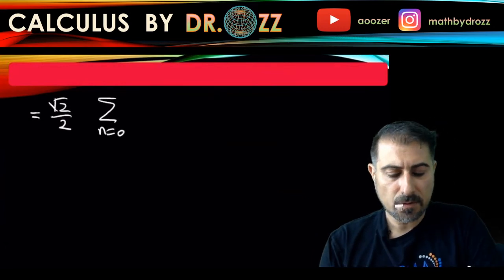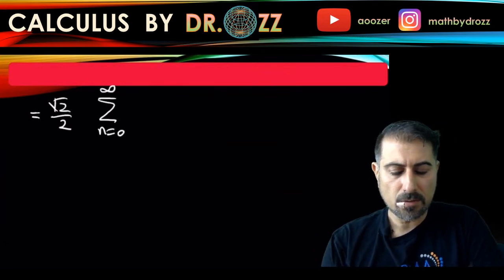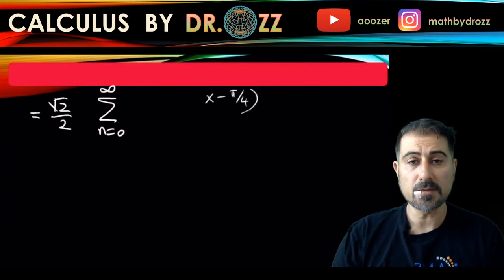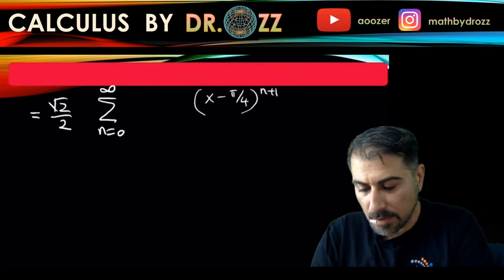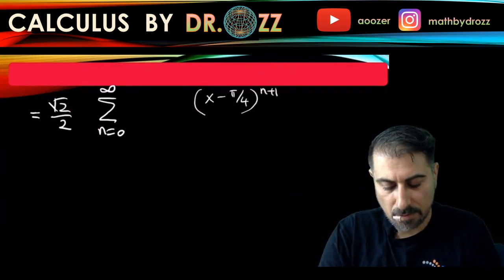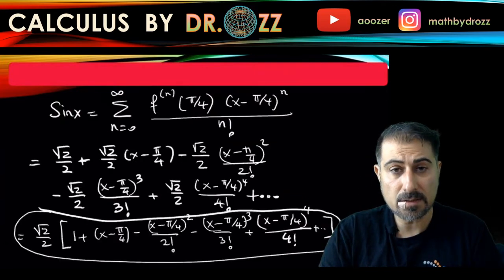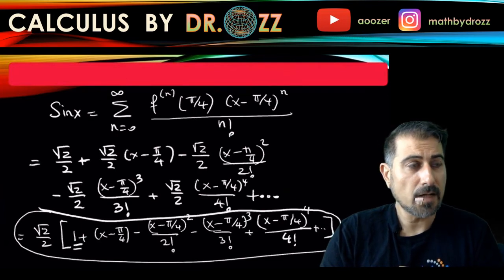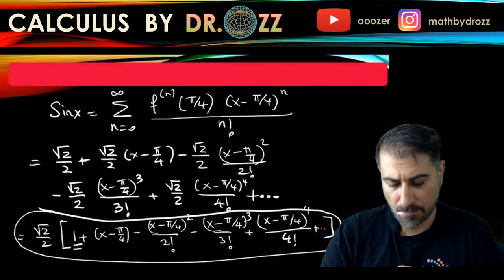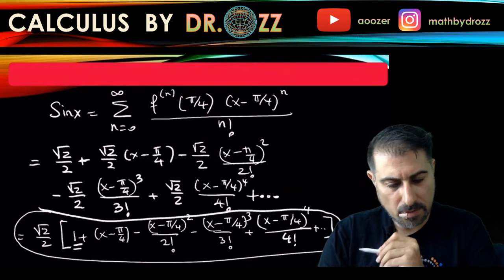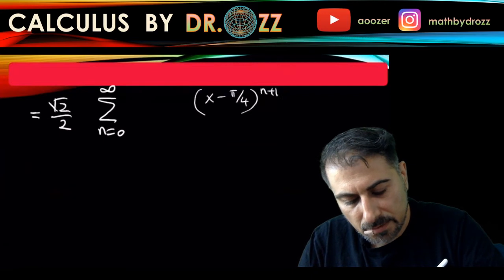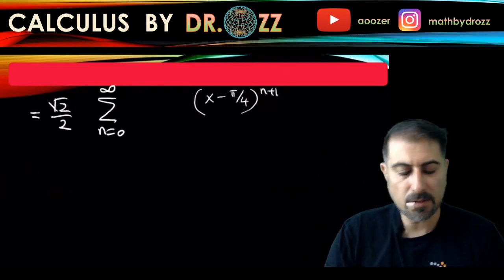First of all, this term comes along as the power n plus 1, because the very first term is supposed to be a constant term. When n equals 0, we will have a constant, so I should reserve that constant right here. So 1 plus.